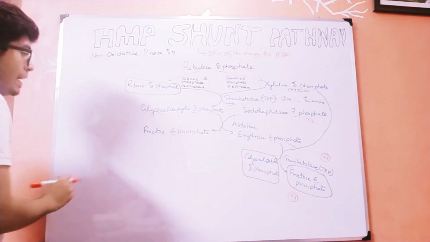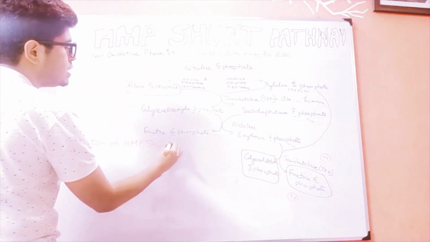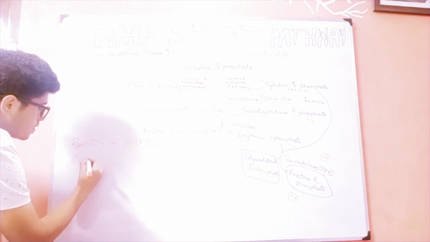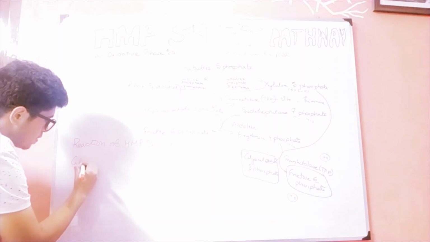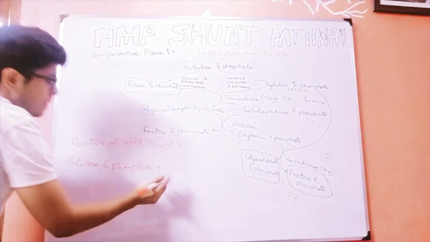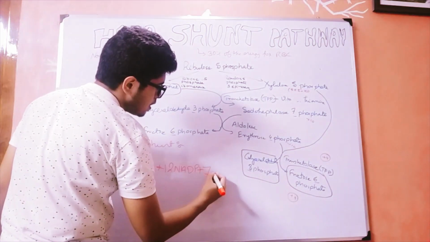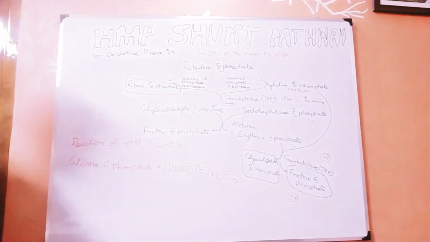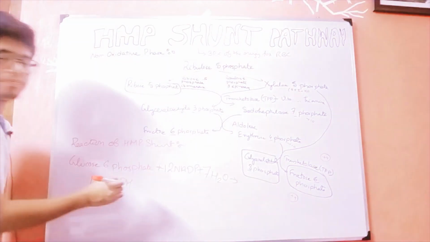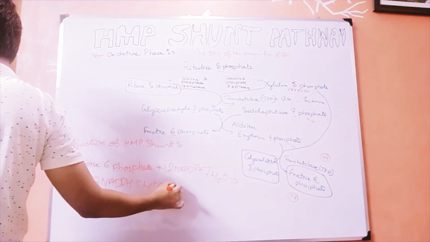So we can write the entire reaction of HMP shunt as glucose 6-phosphate plus 12 NADP plus 7 H2O, giving rise to 12 NADPH plus H plus 6 CO2.